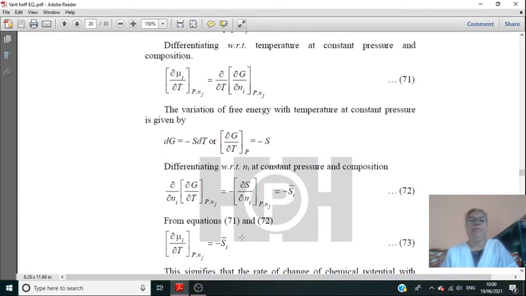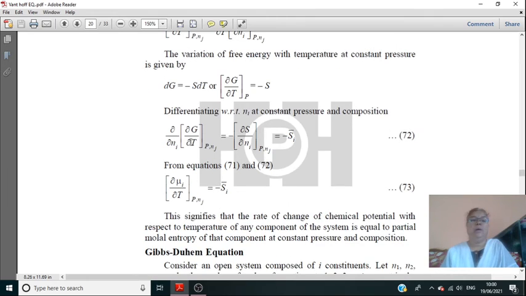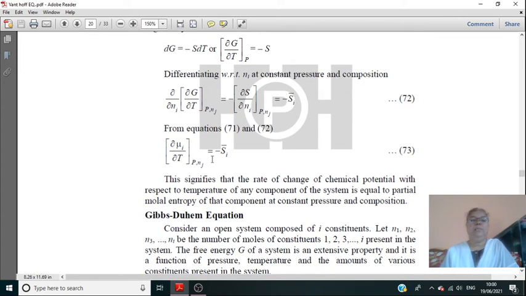Differentiating with respect to Ni at constant pressure and composition, we can write this as minus Si bar, that is, the partial molar entropy of the i constituent.